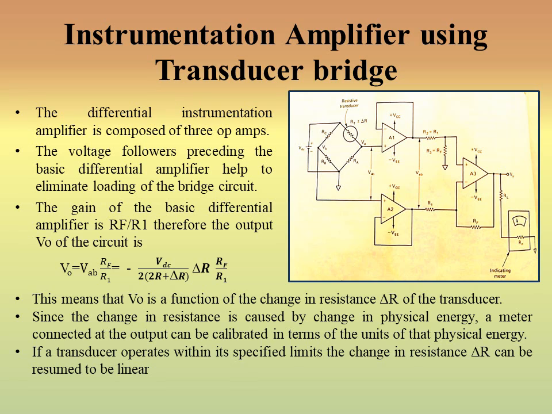If we calibrate the meter in terms of temperature, we can directly measure the temperature. So the person is able to see that the temperature of the furnace is this, and now it has increased by some quantity. In such a way, the instrumentation amplifier with transducer bridge acts.